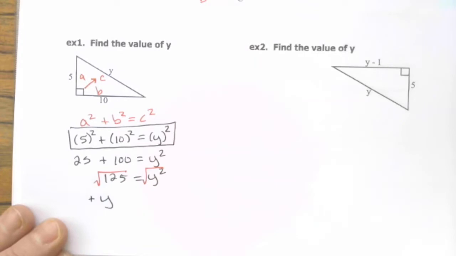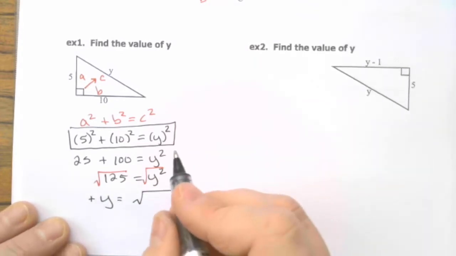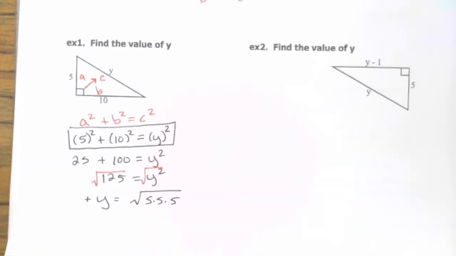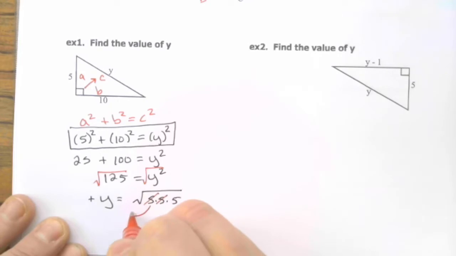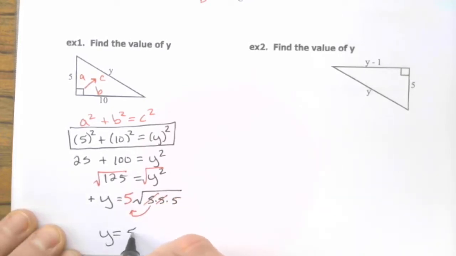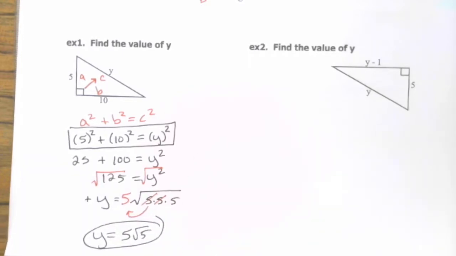We only keep the positive y. And 125 is 25 times 5, so 5 times 5 times 5. Two factors of 5, one comes out to the front. So y equals 5 radical 5. And as usual, we leave it exact unless we're told otherwise.